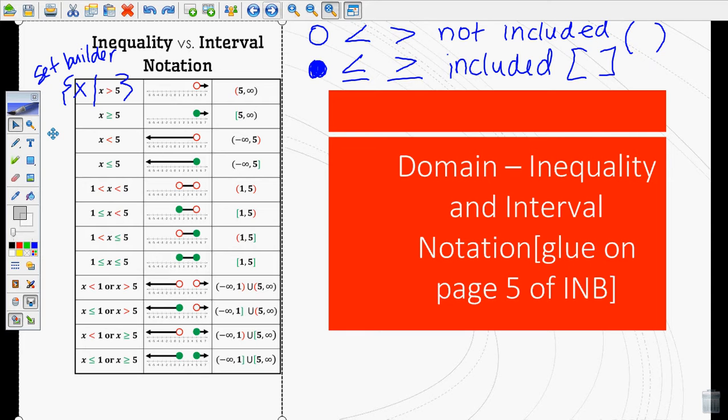Okay? So if we do it again, let's take this one right here. I want to put this in set builder notation. So all I'm going to do is write a brace, x such that x is greater than 1 but less than 5, close brace. Set builder. Boom. That's all we're doing on this. It took 5 seconds. That was so hard, right?